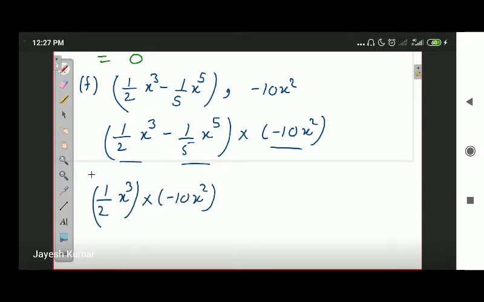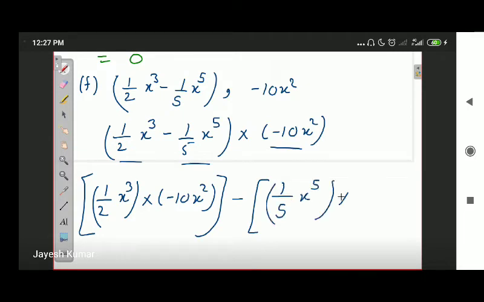This is to be done first of all. After that, let us take a positive sign; you can also take the negative sign as it is given in the question, minus. After that, we will multiply 1 upon 5 x to the power 5 with again minus 10 x square. So we have to do the multiplication in this way.